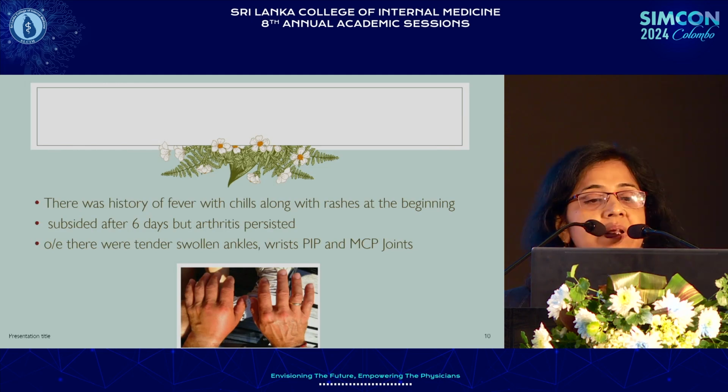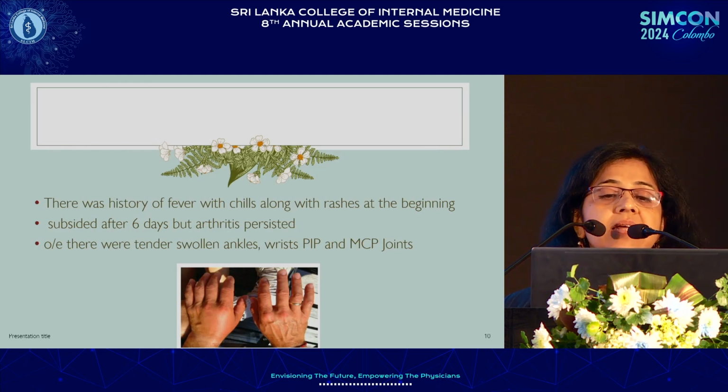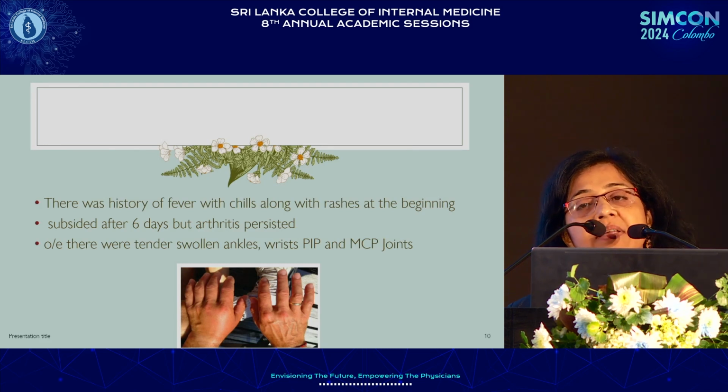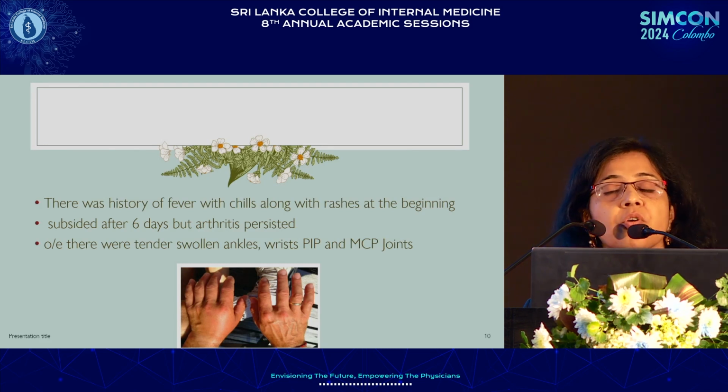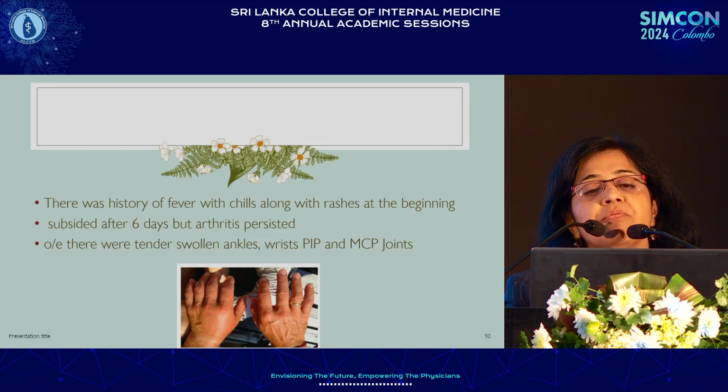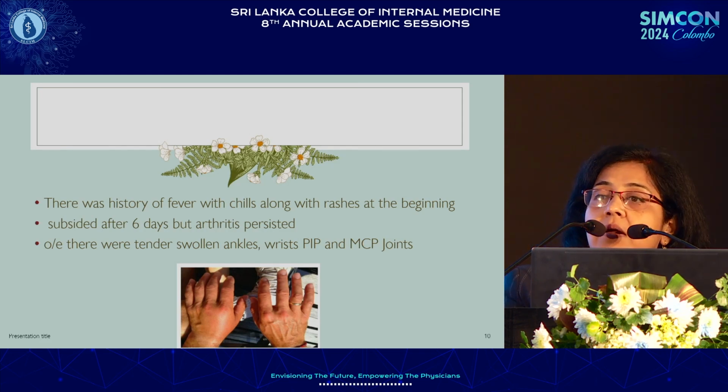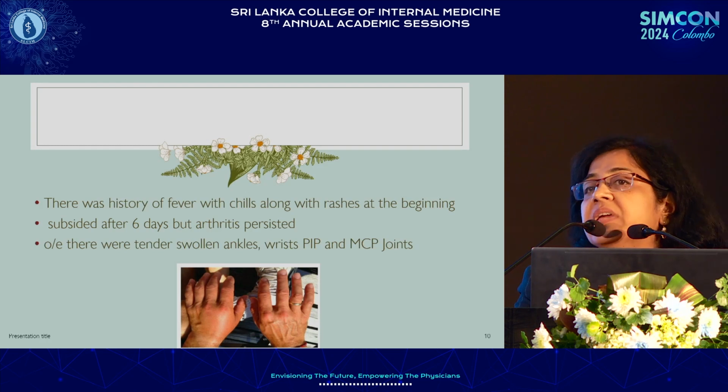When we examined her, we found tender, swollen ankles, wrists, and also the metacarpophalangeal and proximal interphalangeal joints. We also inquired whether there was any history of fever, and we found that there was indeed a history of fever with chills along with rashes, which had subsided 4 months ago, being present for about a week.